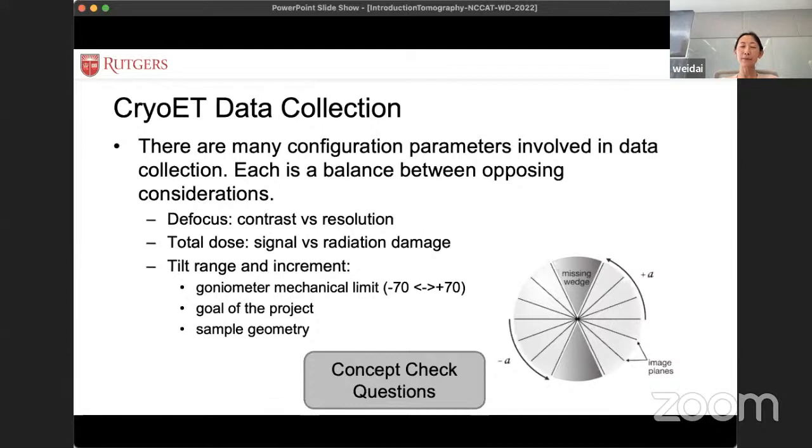Basically, it's ultimately determined by the goal of your project. Is it a project where you just want to see your sample clearly, or is it a project where you're actually hoping for a subtomogram average map? Because of the different goals, you're probably going to make different decisions. And also your sample geometry is a very important factor to consider.